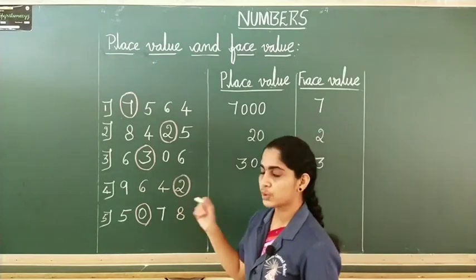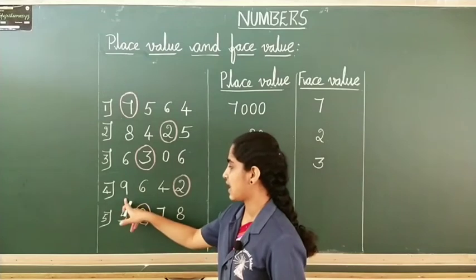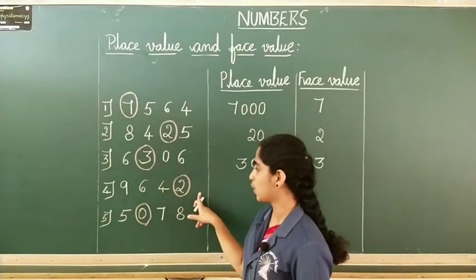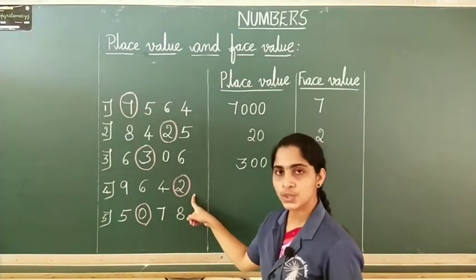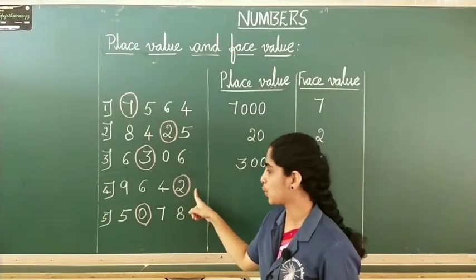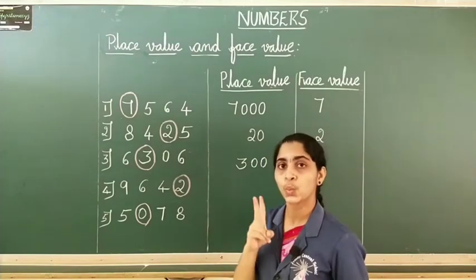Now we'll move to the fourth example. You can see the digits 9, 6, 4, 2. We have to find out the place and face value of this digit 2. Now 2 is in which place? Yes, 2 is in ones place. There are 2 ones.